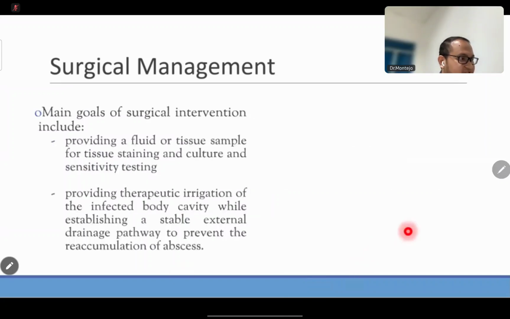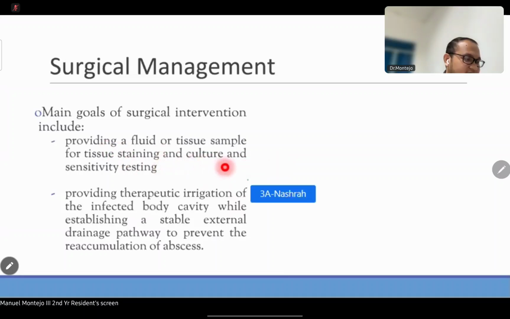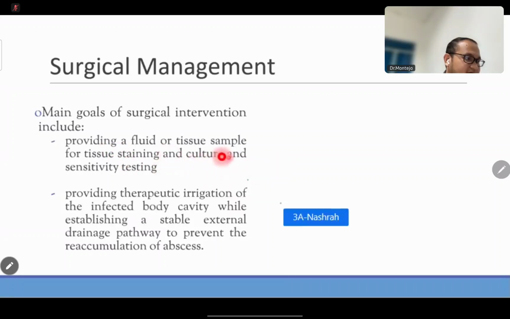So the main goals of your surgical intervention include, one, to provide a fluid or tissue sample for staining and also culture, so that along the line your antibiotic therapy would be culture directed.